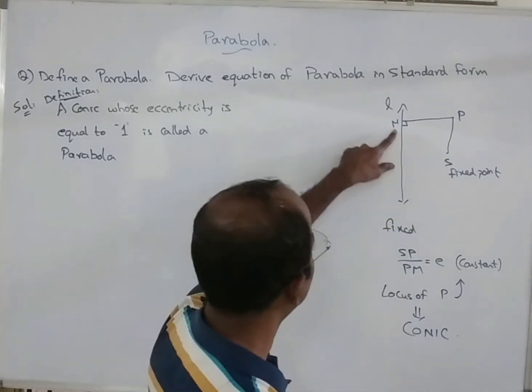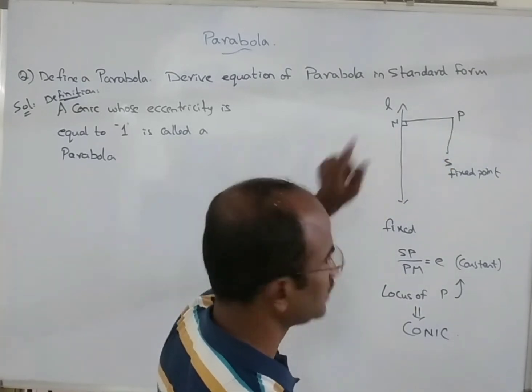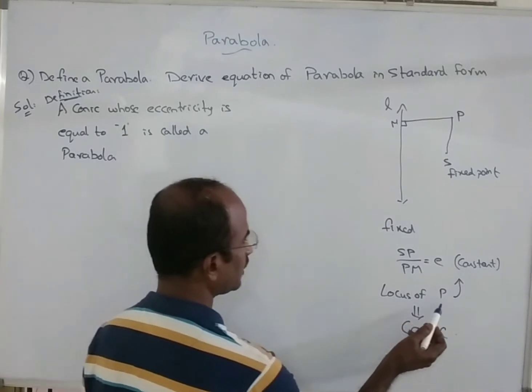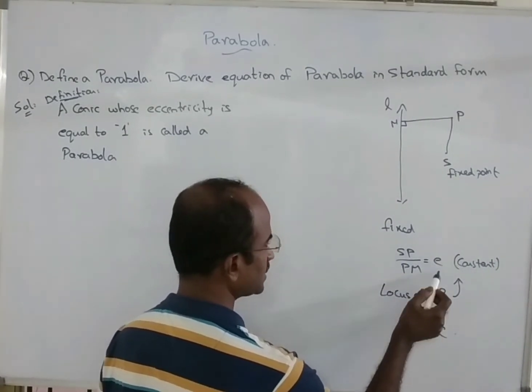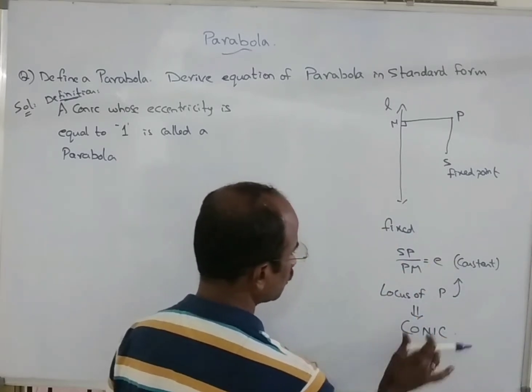Fixed point, and L is the fixed line. PM indicates the distance of P from M. P is not fixed here, P is variable. So locus of point P such that SP by PM is always equal to a constant, then such points form a locus, a figure called a conic.